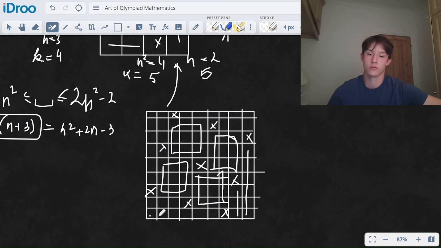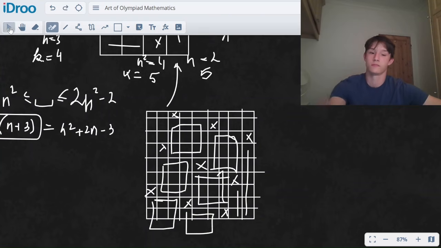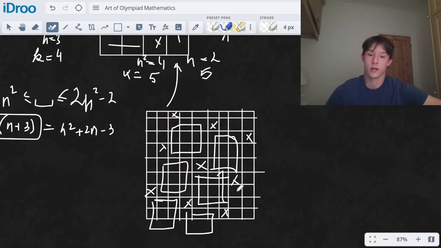The other nicer way to think about it is an infinite board of 3 by 3 squares like this. So I'll just delete this and delete this. So you can think about it like an infinite board of a repeating pattern like this, and you just take out a fragment from it.